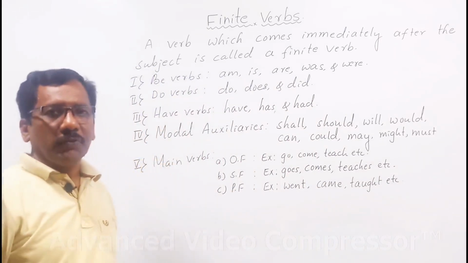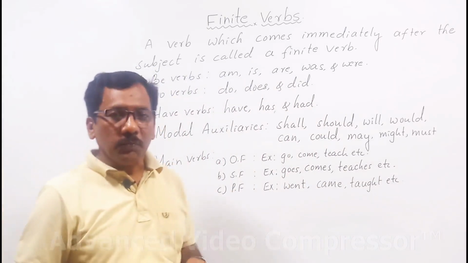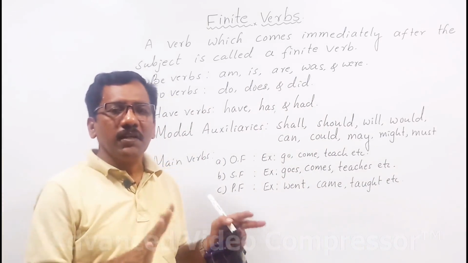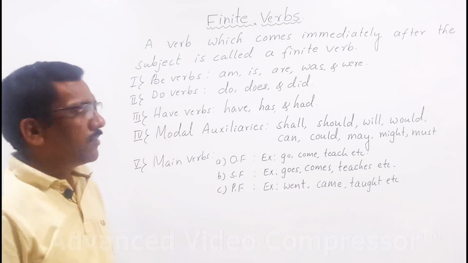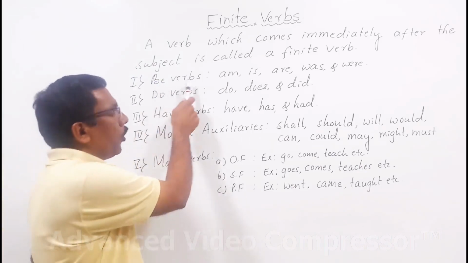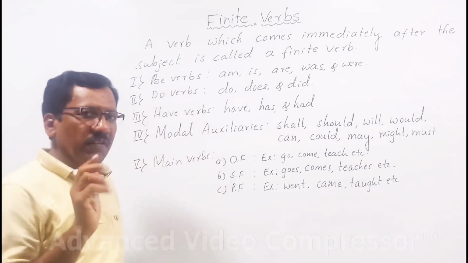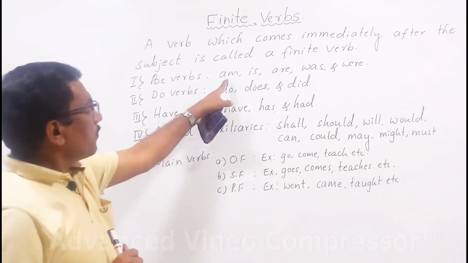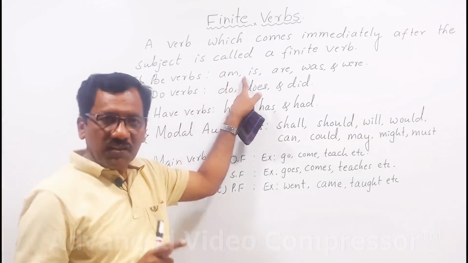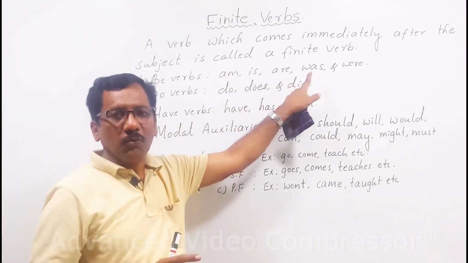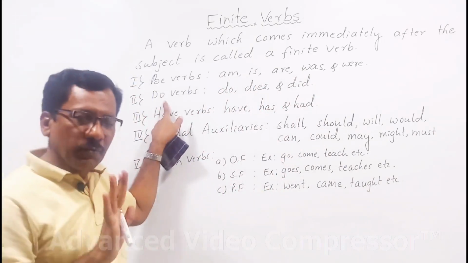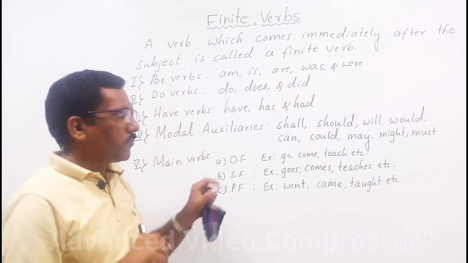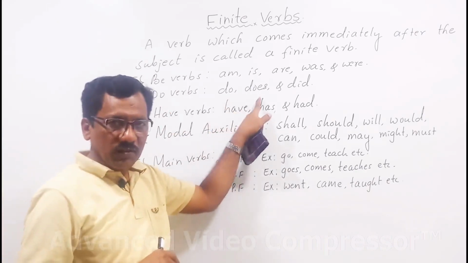So far we came to know what the verbs are which come immediately after the subject in English. First of all, all the be verbs are placed after the subject. The be verbs are am, is, are, was and were. And all the do verbs are finite verbs in English. The do verbs are do, does and did.